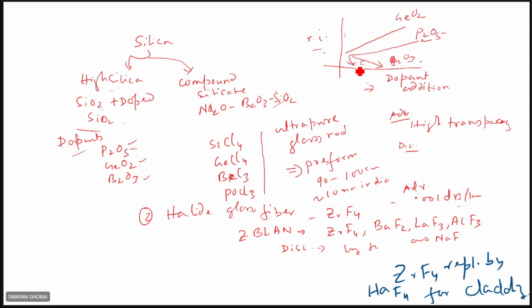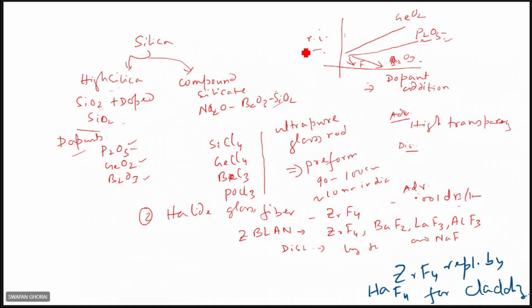Also fluorine, F, decreases the refractive index. The x-axis is the dopant mole fraction, the percentage of dopant additions, and this is the refractive index. So depending upon these dopant additions, the refractive index can vary. Keep in mind, germanium oxide and phosphorus pentoxide increase the refractive index, whereas boron oxide and fluorine decrease it. So by proper mixing of these dopants, you can vary the refractive index, and it is required.